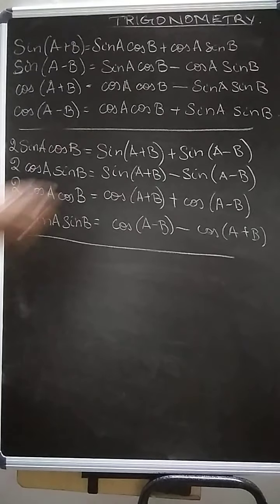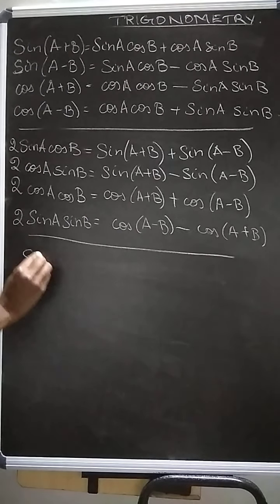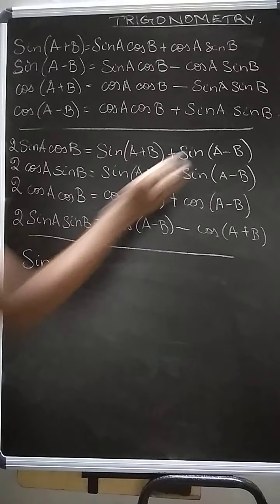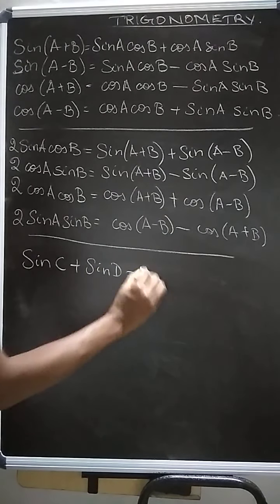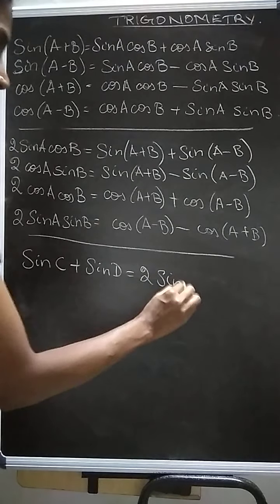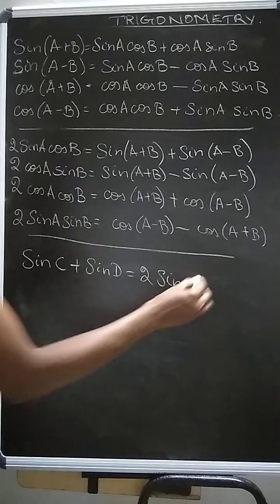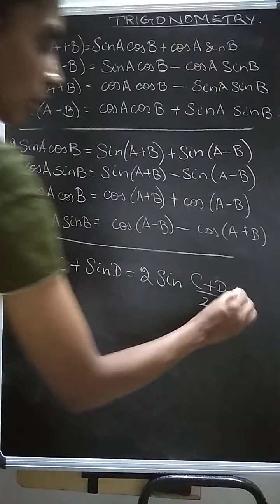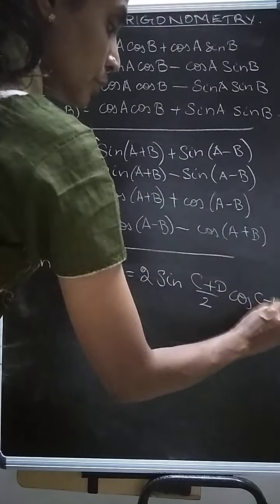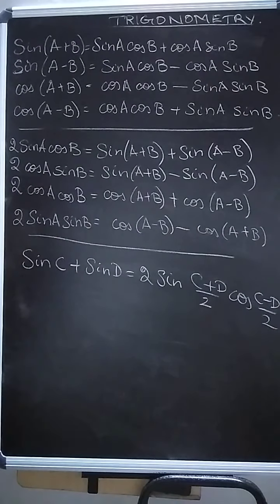So what you will get? Sin C plus sin D is equal to 2 sin, instead of A you are going to put (C plus D) by 2, and cos, instead of B you are going to put (C minus D) by 2.